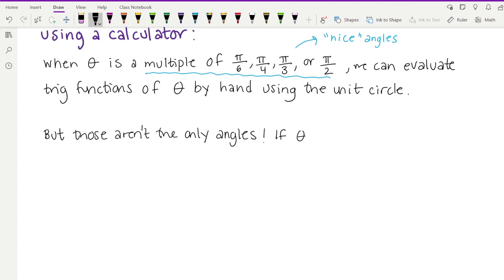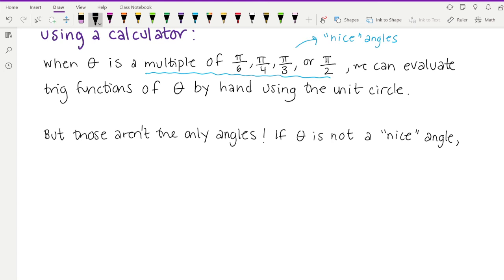So if theta is not a nice angle, so if it's not one of those multiples, then we can't really use the unit circle to evaluate sine and cosine, etc., unless we're given additional information. Like the last 2 examples we did, we were given the terminal point on the first one, and on the second one, it was multiple choice, right?